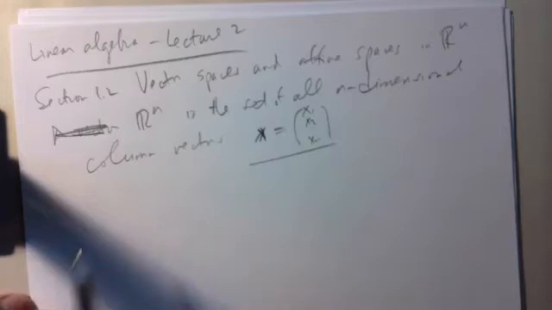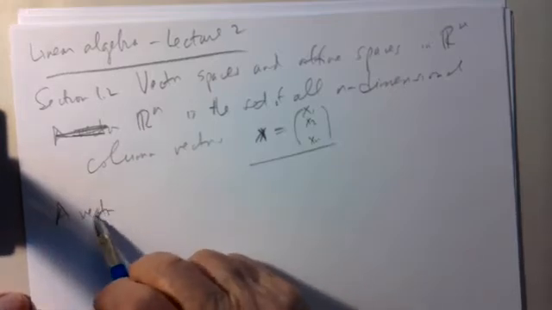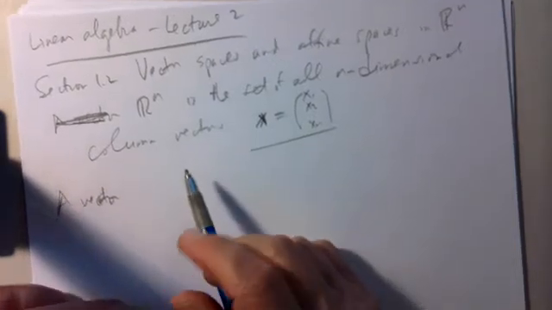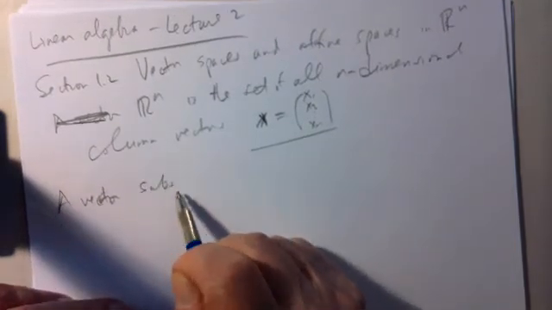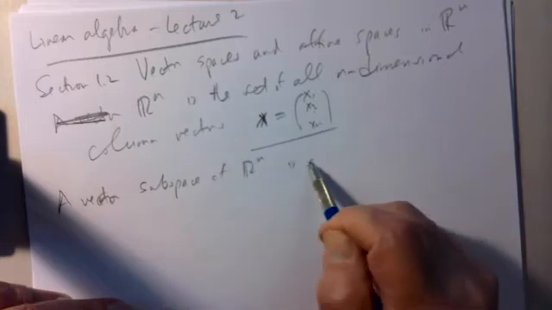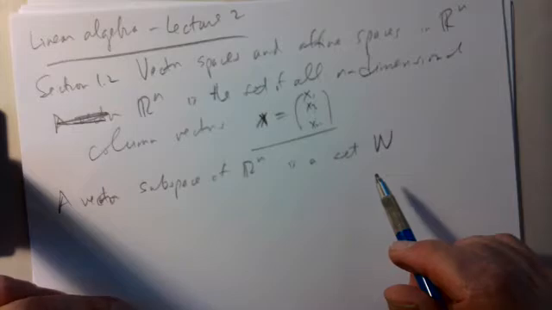So what is called a subspace? A vector subspace of Rn is a set W of vectors.